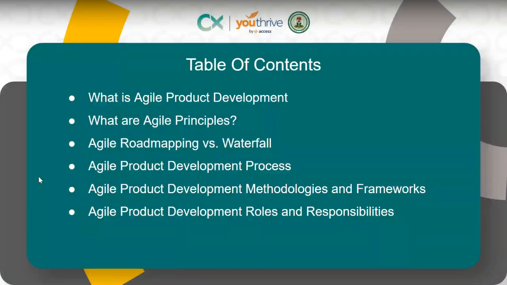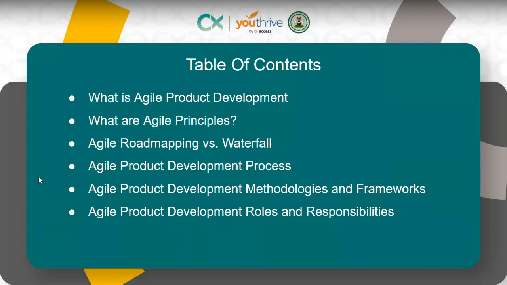There are several principles that guide how you use Agile in developing your product or your software. We're going to look at the difference between Agile Roadmap and Waterfall. Waterfall is the initial management approach that was being used, which is more linear, before Agile eventually came on board.